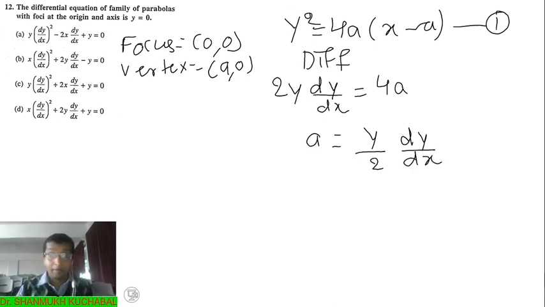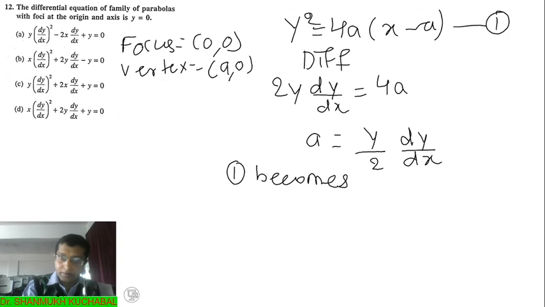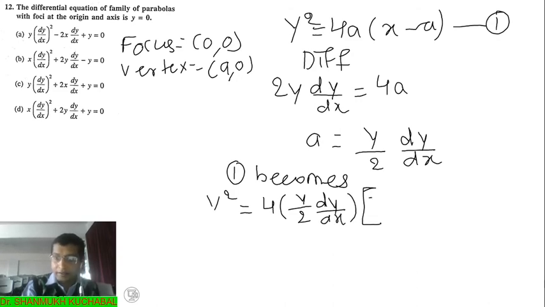In equation number 1 we have to substitute the value of a as y by 2 dy by dx, so equation 1 becomes y square equal to 4 times a, that is y by 2 dy by dx, then times (x minus y by 2 dy by dx).